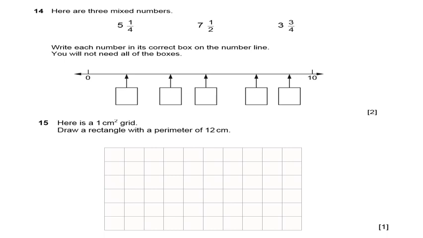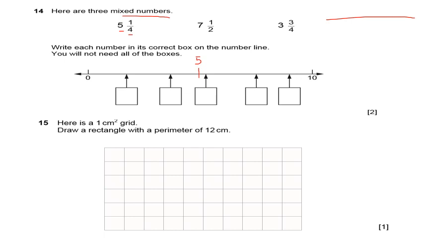Here are 3 mixed numbers. A mixed number is a number with a whole number and a fraction. This is 5 1/4, 7 1/2, 3 3/4. So we have 0 here and 10. So let's find our midway point. Our midway point, halfway point, is about here. This is 5.